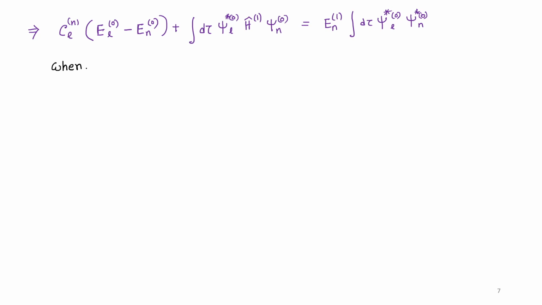When L is equal to n, what are we going to get? So CLn becomes, this term is going to vanish, right? En0 minus En0.